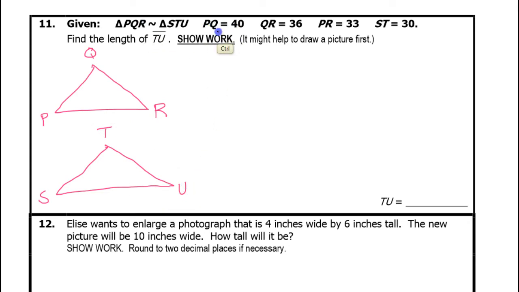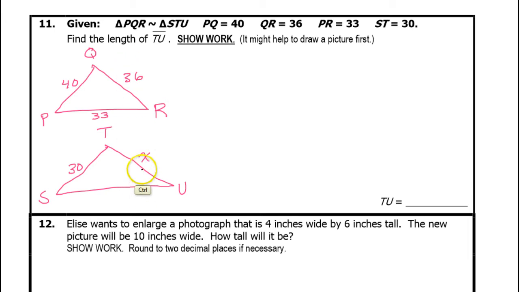Okay, PQ is 40, QR is 36, PR is 33. ST is 30. We're supposed to find the length of TU. So I'm going to go ahead and just call that length X. So we're supposed to find X.